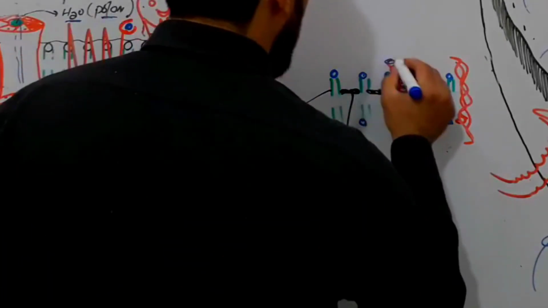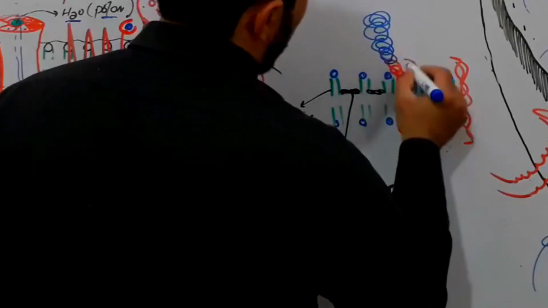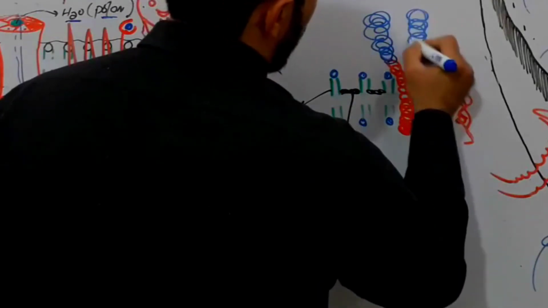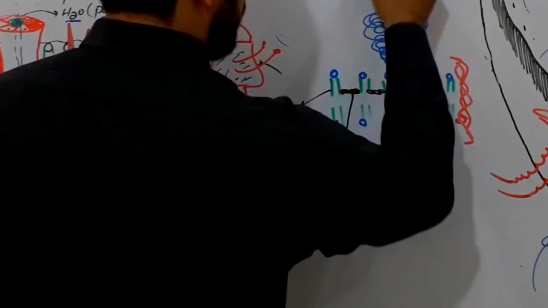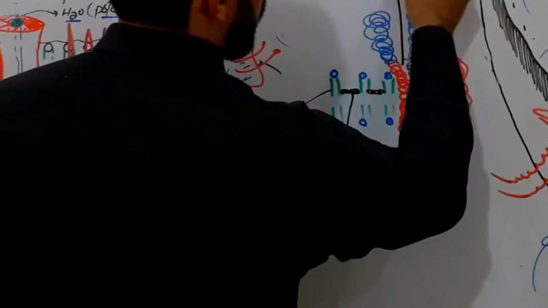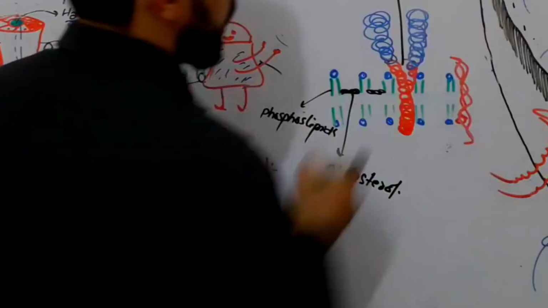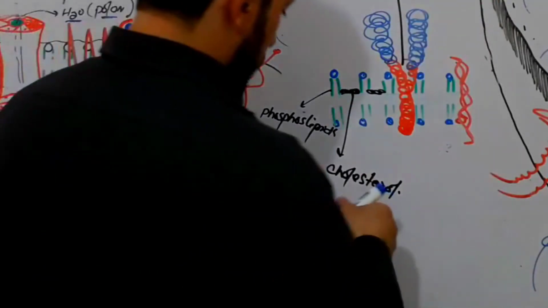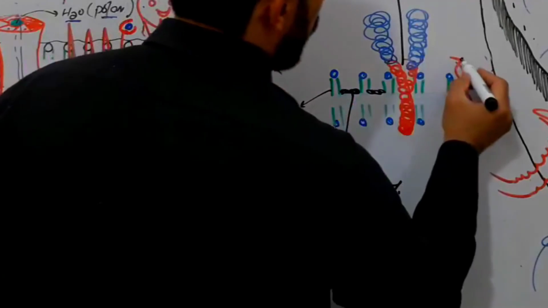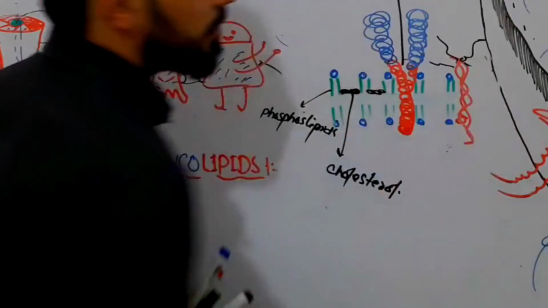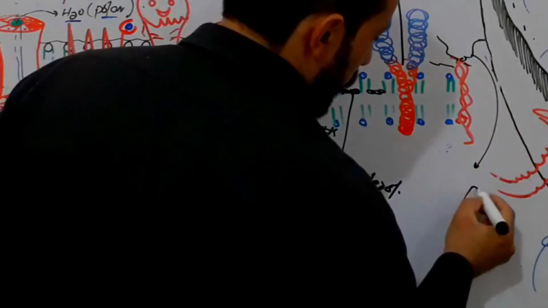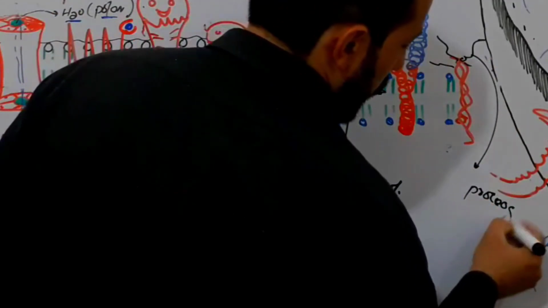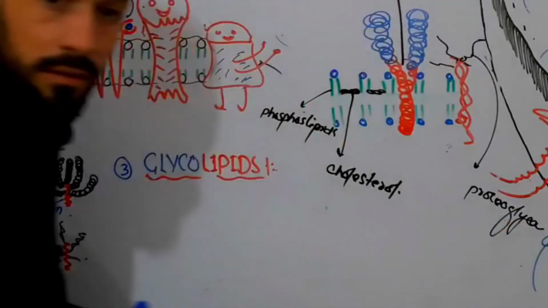When this protein is loaded too much with carbohydrate, we call them glycoproteins. So this molecule is our glycoprotein. Then when the protein is loaded with carbohydrate but less carbohydrate, we call that a proteoglycan.